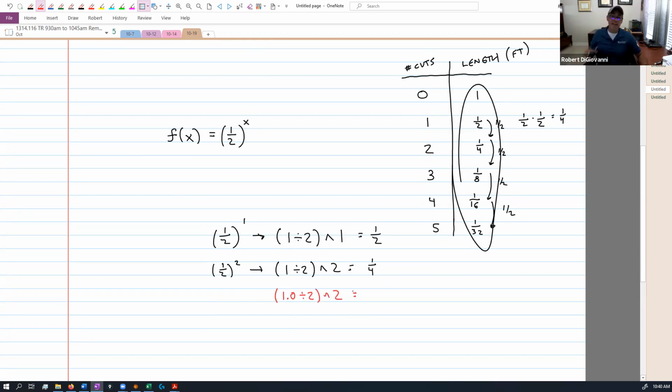If you make any one of those numbers a decimal, your calculator will do the decimal for the whole thing. There's other ways to do it, but I find that to be pretty straightforward. So if I do that, my calculator says 0.25, which is the same answer as 1 divided by 4. So this will give you a decimal. But the key is that you have to type in 1.0.